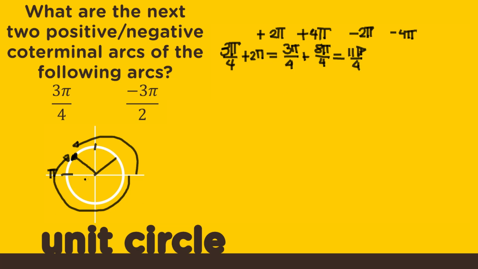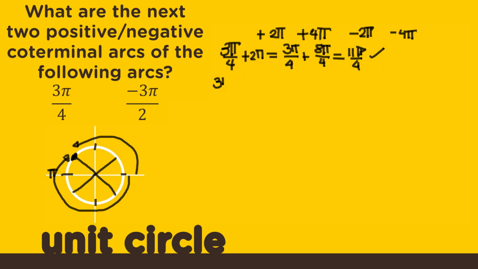Let's try to divide this and see if 11 pi fourths will really end up on the same terminal point as 3 pi fourths. So it's positive. Let's start here. 1, 2, 3, 4, 5, 6, 7, 8. That's one revolution already. 9, 10, 11. 11 pi fourths is the first coterminal arc of 3 pi fourths.